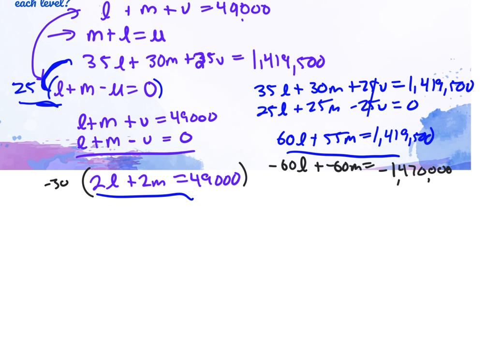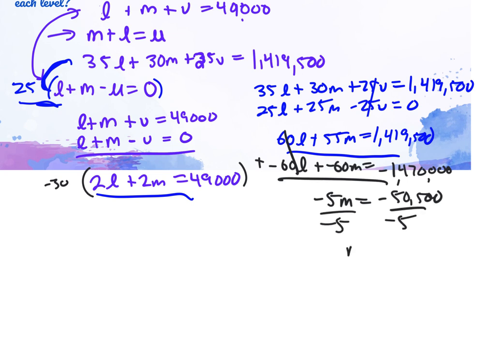When I add those two things together, the lower cancels out. Negative 5m equals negative 50,500, so m is going to equal 10,100.